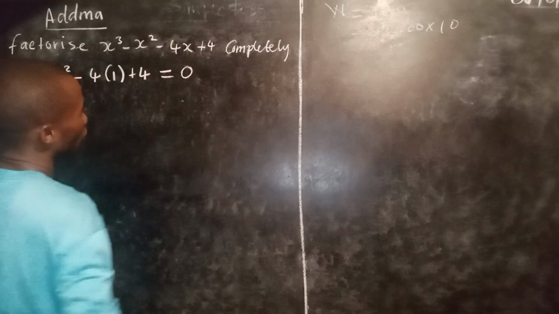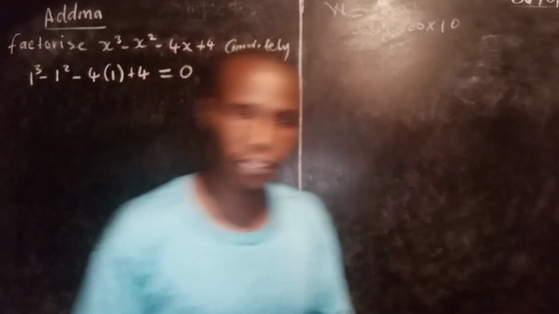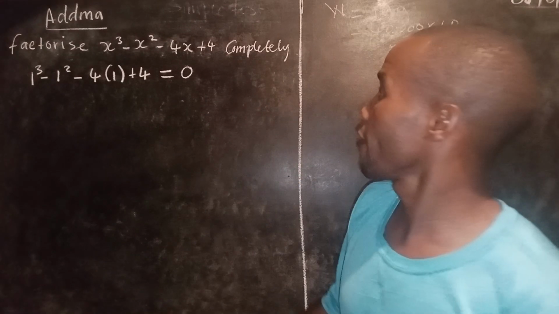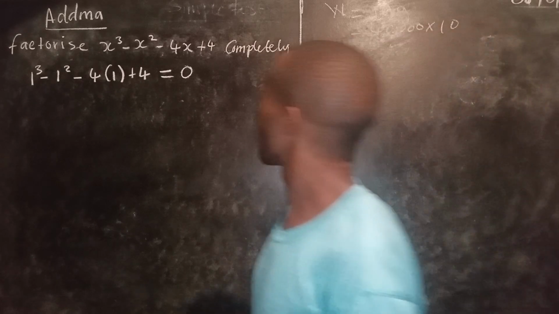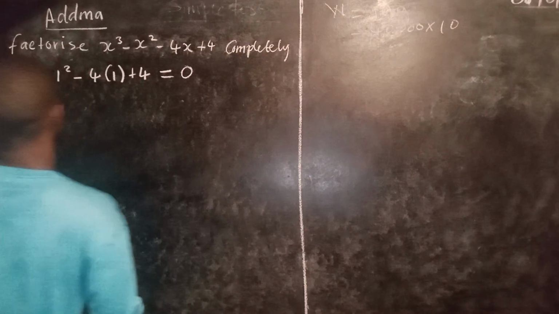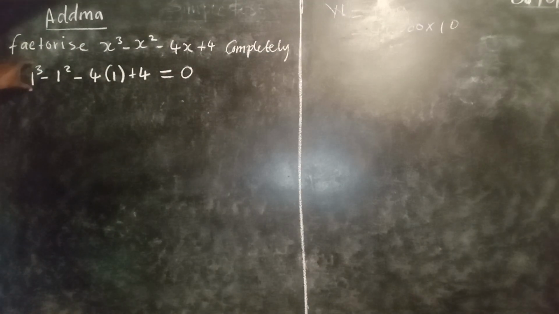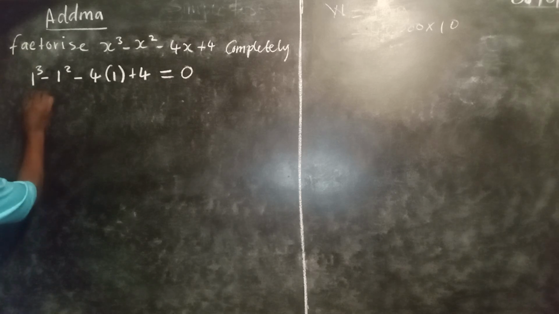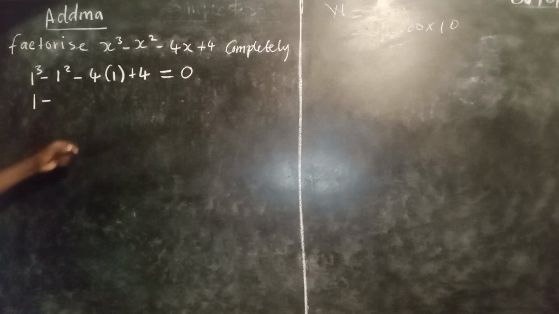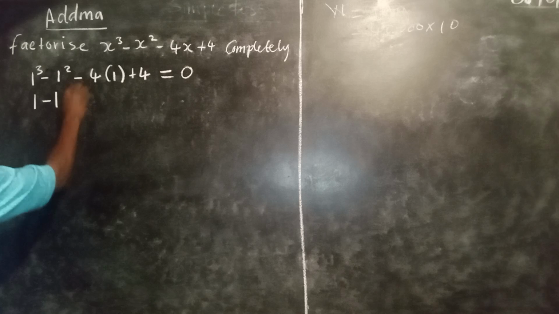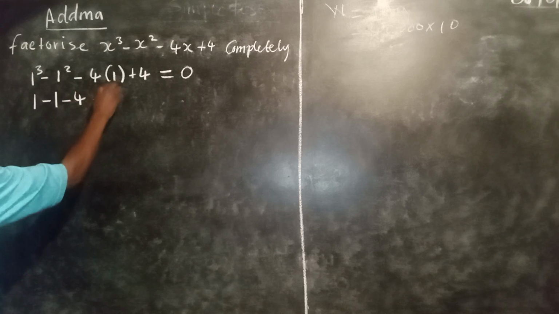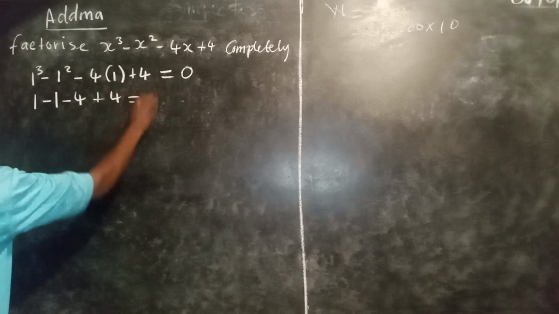Are we going to have a 0? If we do, it means 1 is a factor of this given expression. So 1 power 3, the answer is 1. Minus 1 squared, we have 1. Then minus 4 times 1 is 4. Plus 4 equals 0.